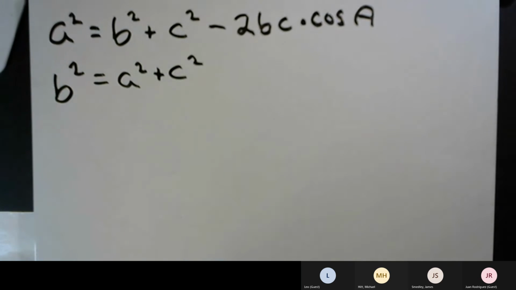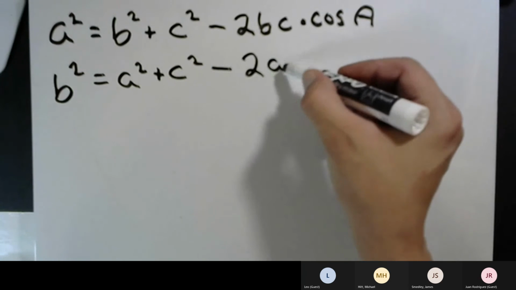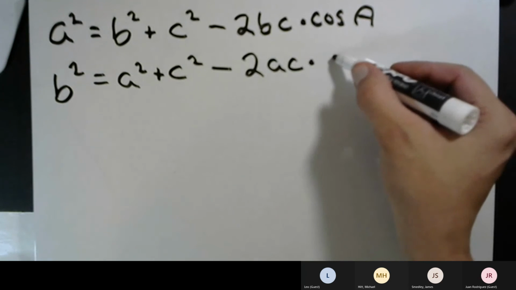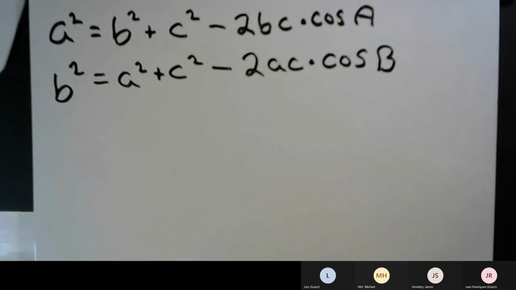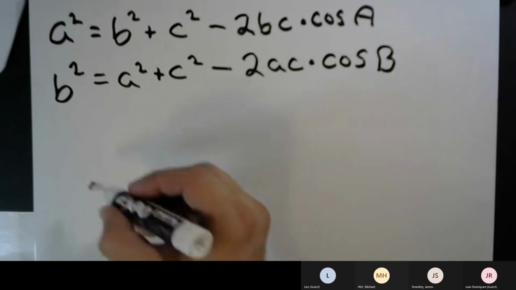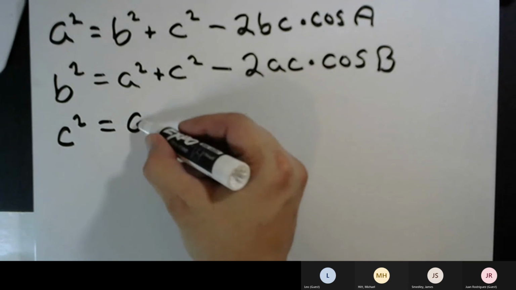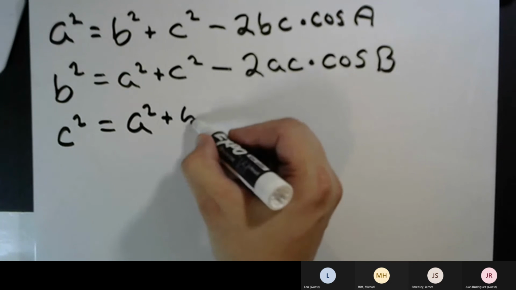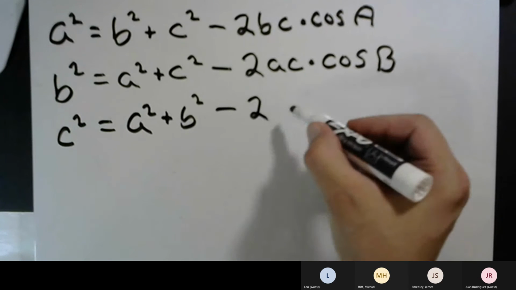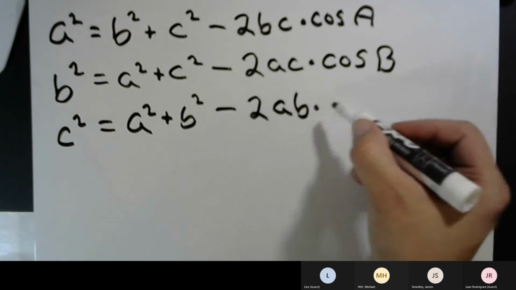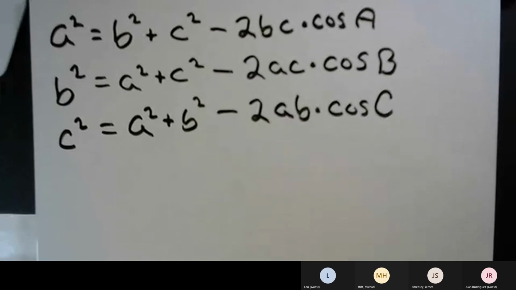So it looks like the Pythagorean theorem. And we subtract 2AC times the cosine of angle B. And then the third formula, and again, if it's going to be helpful to you, a squared plus b squared, again, looks fairly familiar, minus 2ab times the cosine of c.